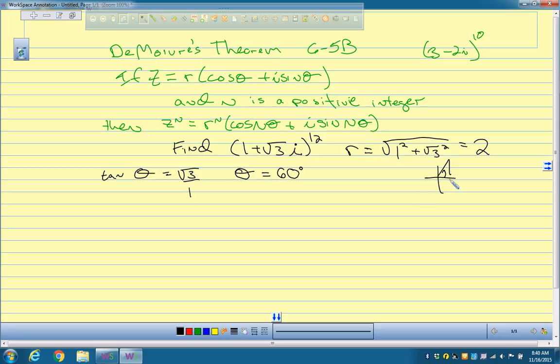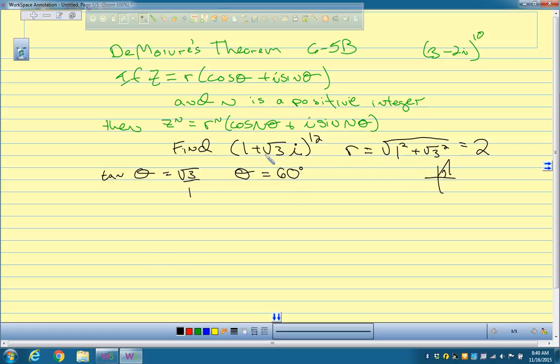And if I plugged in inverse tangent, I'm going to get this positive number. So you have to pay attention to where you are on the graph. If you do inverse tangent and get a positive number, you're going to be here. If you get a negative number, it's going to put you down here. But the actual point might be over here, right? So you have to be careful of where you are, okay?